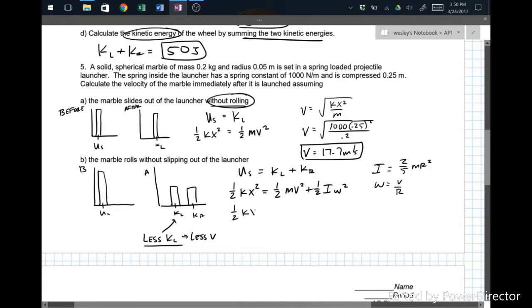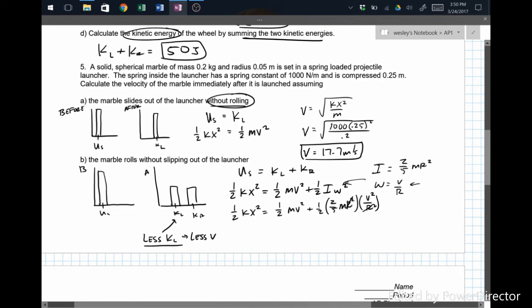We got 1/2 kx squared equals 1/2 mv squared plus 1/2 times 2/5 mr squared times v squared over r squared. We're going to end up squaring both of those because it's omega squared.